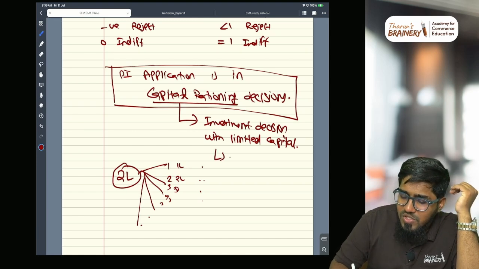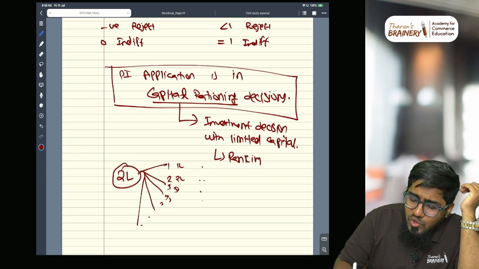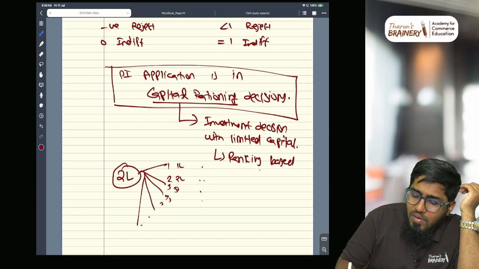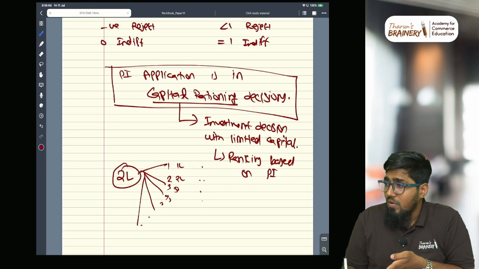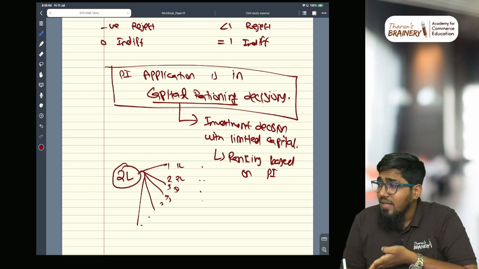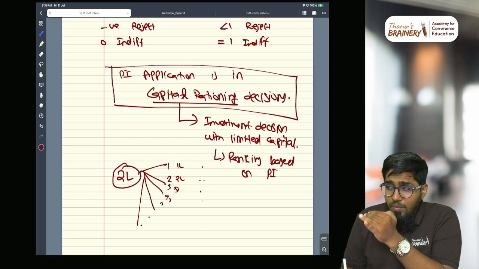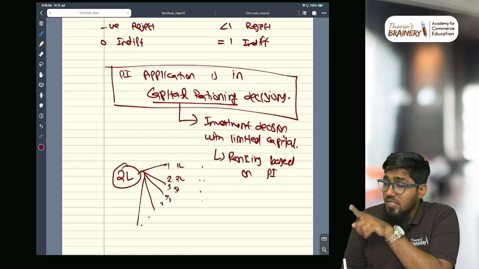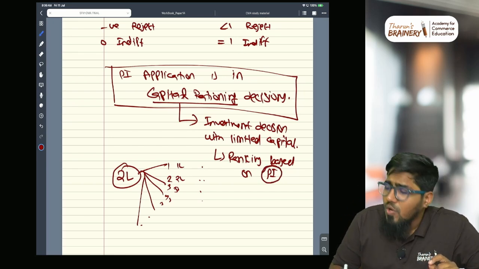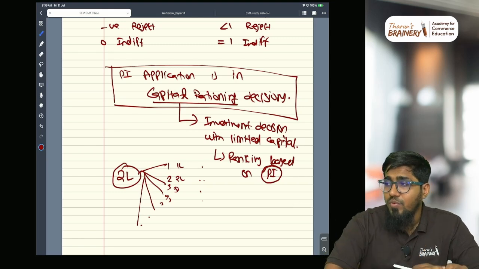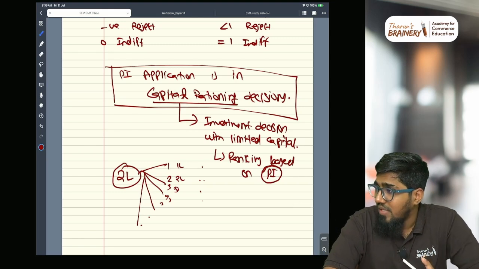So ranking should be based on profitability index. First you will calculate the profitability index for all, then you will put a ranking. So third project, first ranking, more profitability index, not based on NPV. Based on the profitability index you invest the amount, only then will you get the highest NPV.